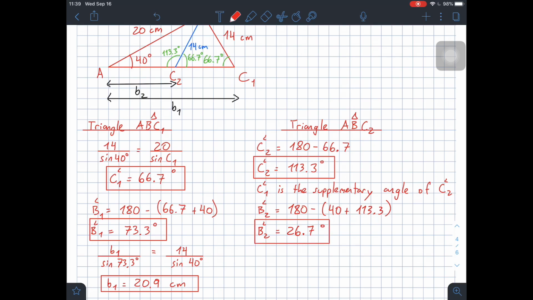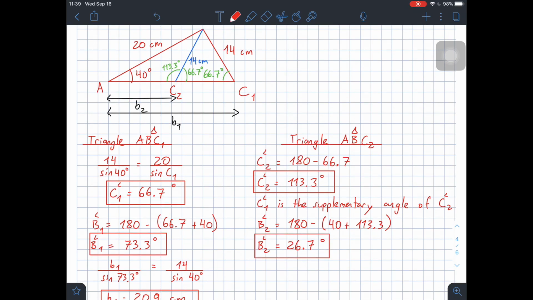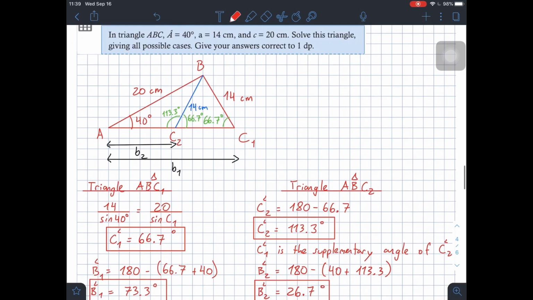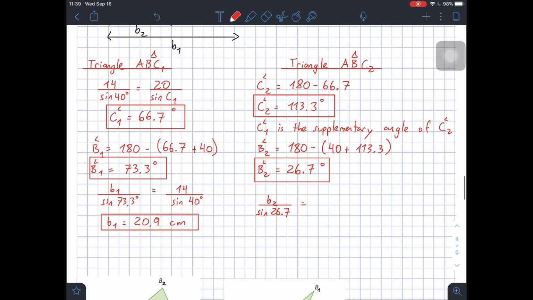Okay, finally, we would find side B2 by applying the sine rule. We're going to say that side B2 is to sine of 26.7 as, we can use, for example, angle A and side A as 14, which is side A, is to sine of 40.